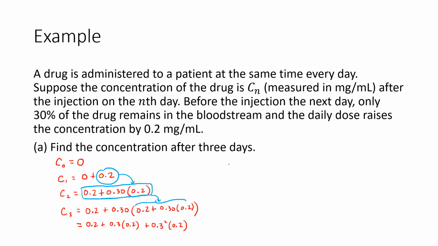And yeah, this is just following a generic pattern. To get the concentration on the next day, we take the previous day's concentration, multiply it by 0.30, and add 0.2. So this formula here would give us the concentration after 3 days. Okay, you can sum those up to get the value.